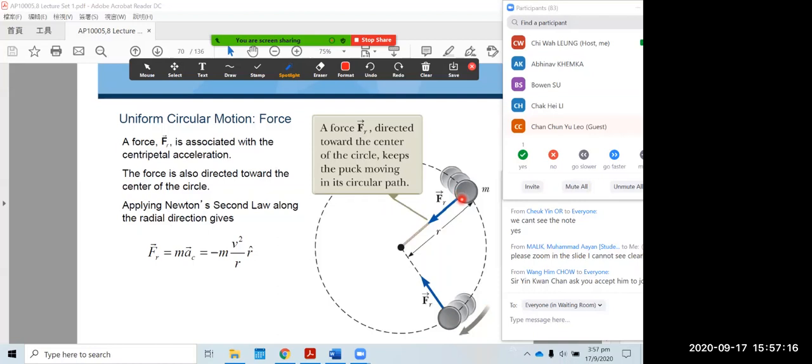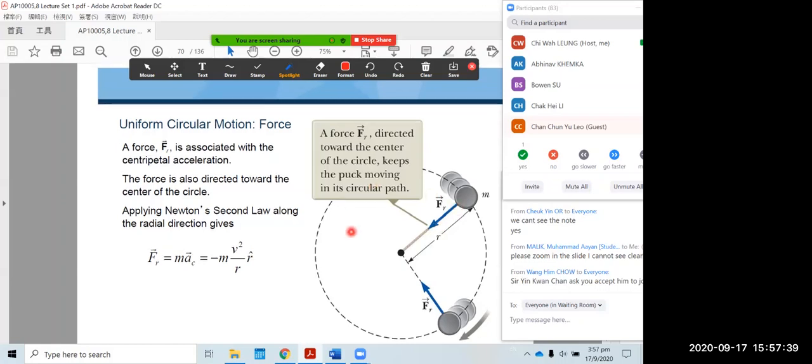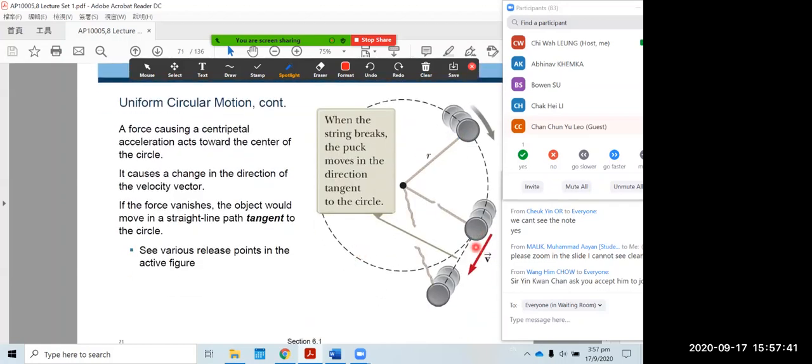There would be tension in the string, because if you want the object to move in a circular path, what it takes is a centripetal force that keeps the object in circular orbit. If the tension is lost, for example, the string suddenly breaks, oh, your mobile phone is gone, then the object would no longer perform a circular orbit.